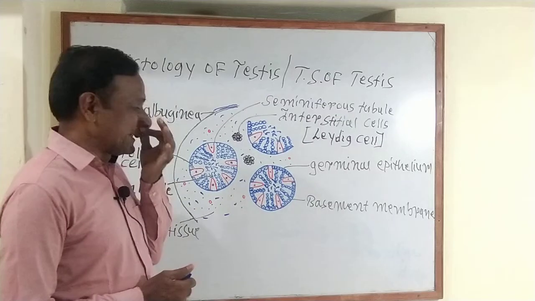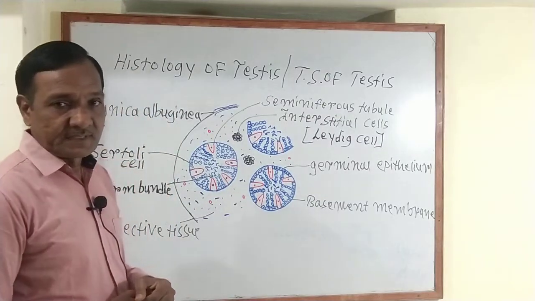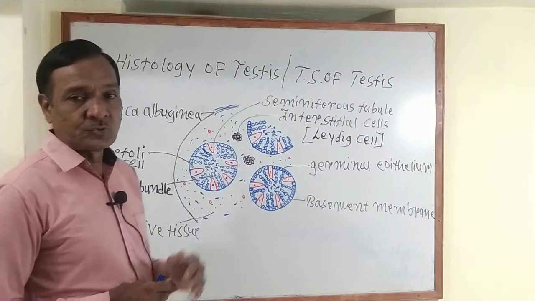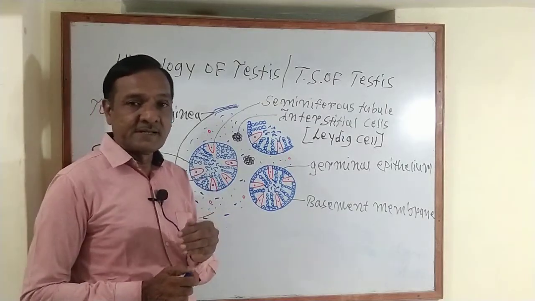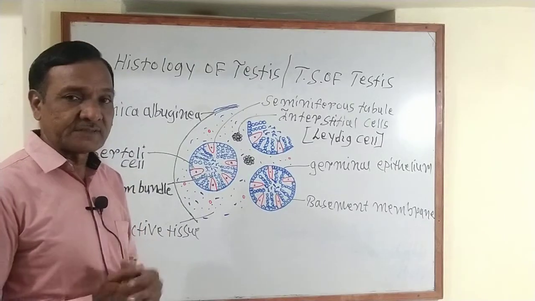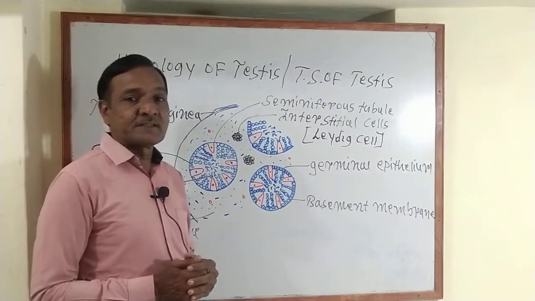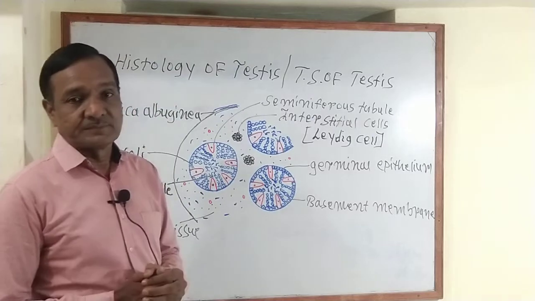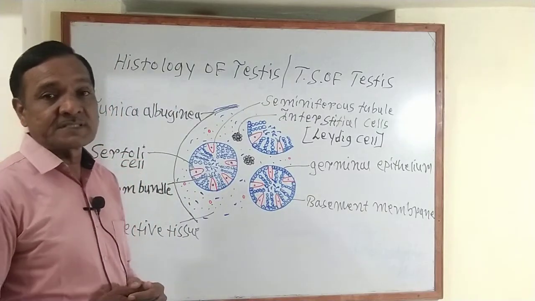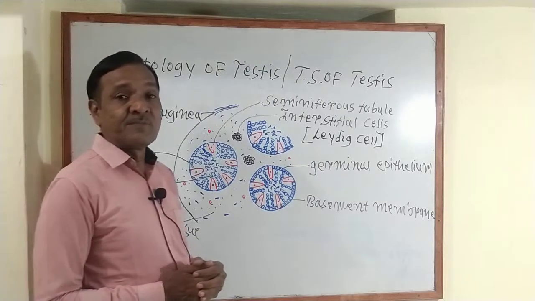In some cases, there is failure of the testis to descend into the scrotum. That condition is called cryptorchidism, which causes sterility in males.